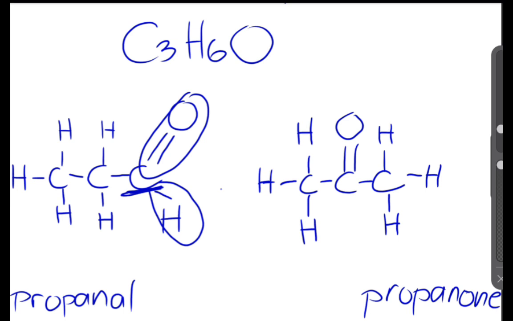Ketone is a class of organic compounds characterized by the presence of a carbonyl group in which the carbon atom is covalently bonded to an oxygen atom, meaning the carbon atom shares electrons with the oxygen atom, forming a chemical bond where both atoms contribute electrons to create a shared pair, allowing them to achieve stability in their outer electron shell.